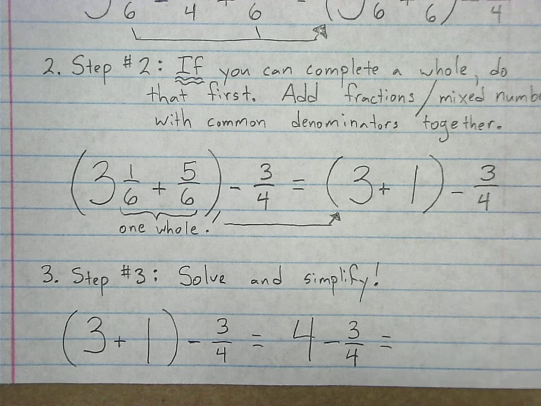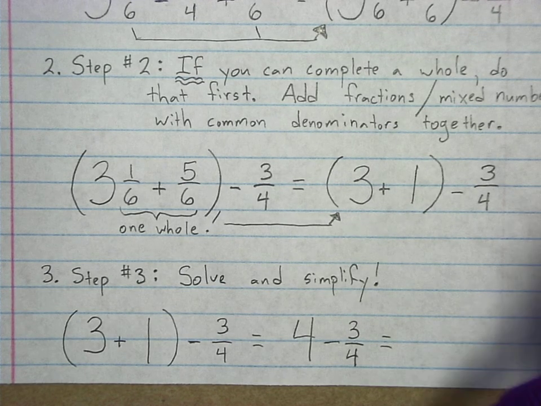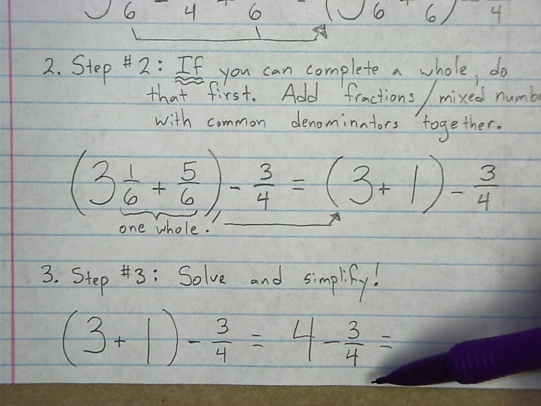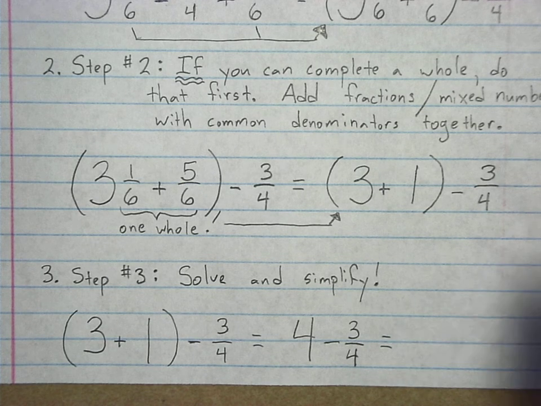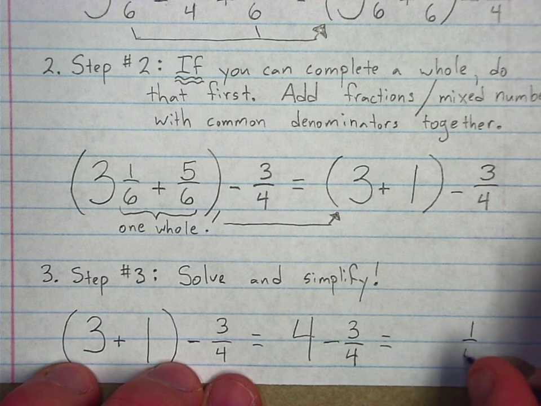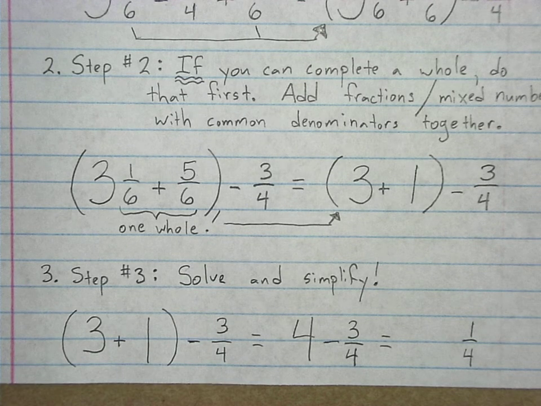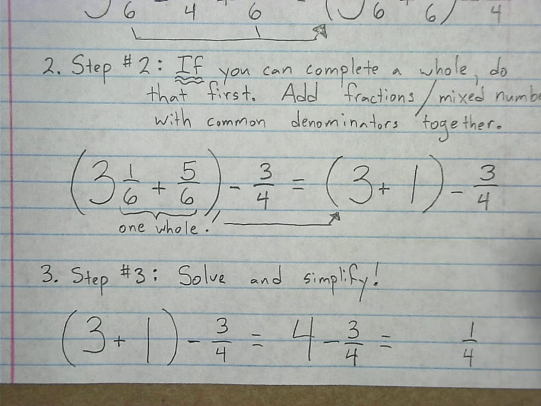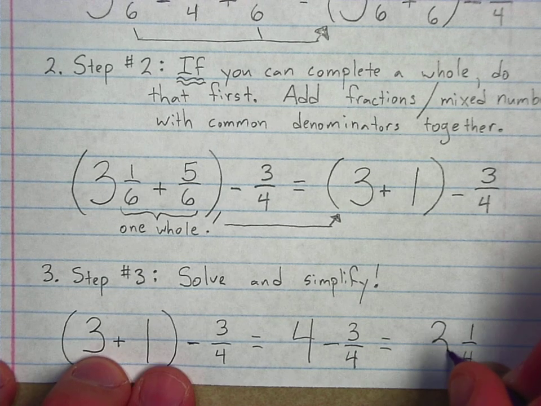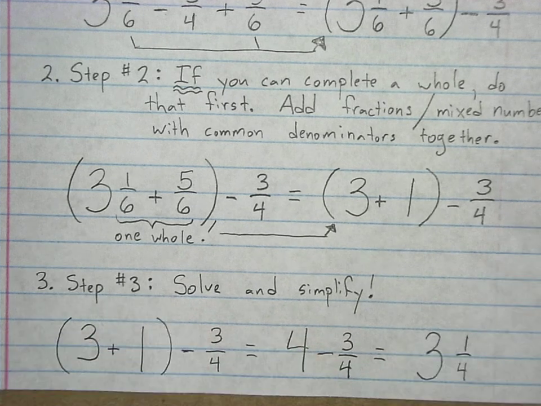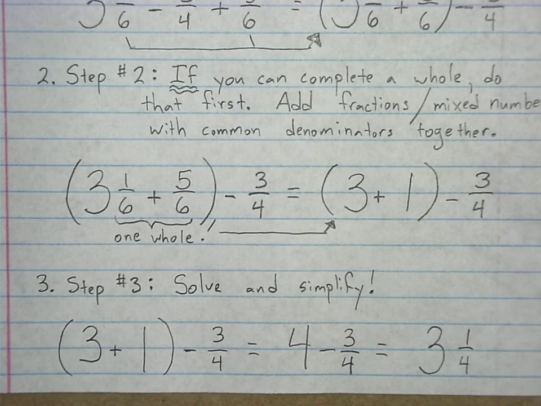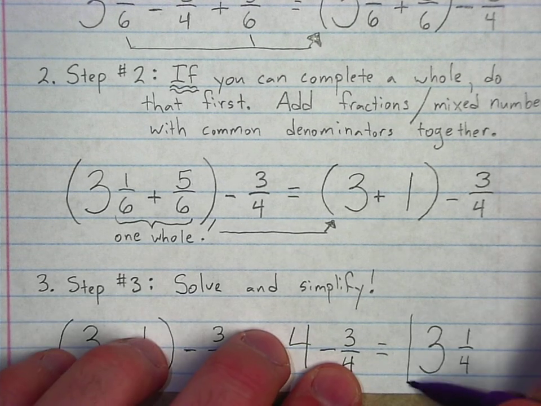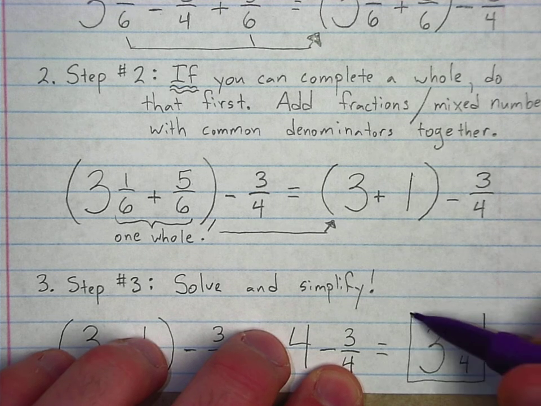I can do the vertical subtraction, but I can also just look at this and count up 3/4. I would need one more fourth to get up to a whole number. 1/4 gets me up to 1. Then from 1 to 4, 1, 2, 3, 4, I would need 3 more whole numbers. So after all of this, my answer is 3 and 1/4.